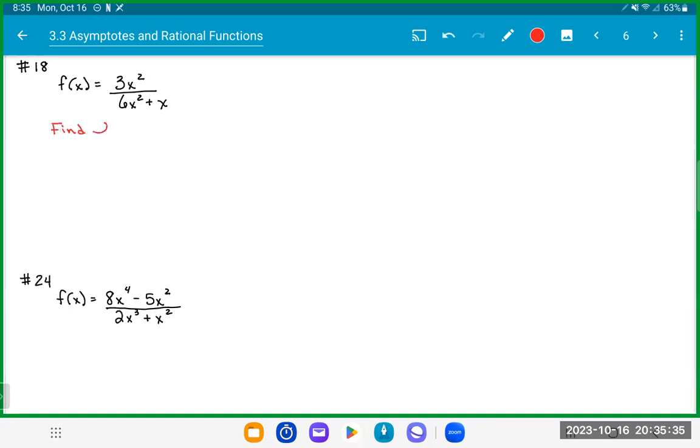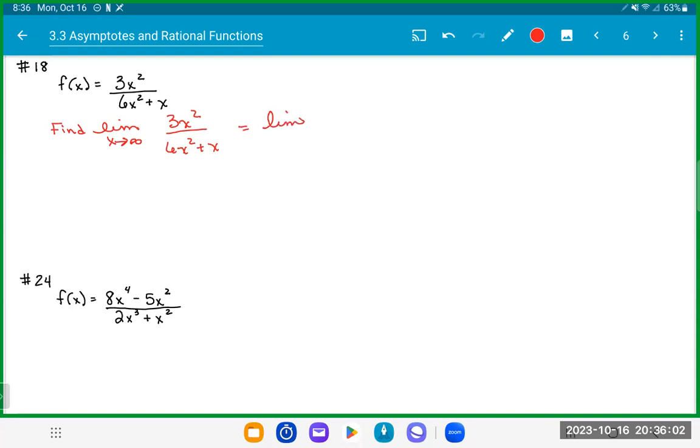So we find the limit as x approaches infinity, and then similarly as x approaches negative infinity. So this is 3x squared over 6x squared plus x. So when we do that, remember from chapter 1, we need to use the largest exponent of the denominator.